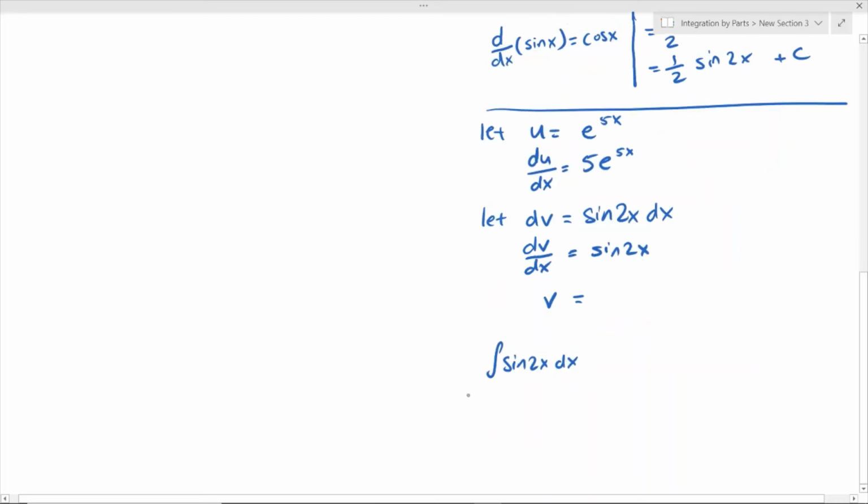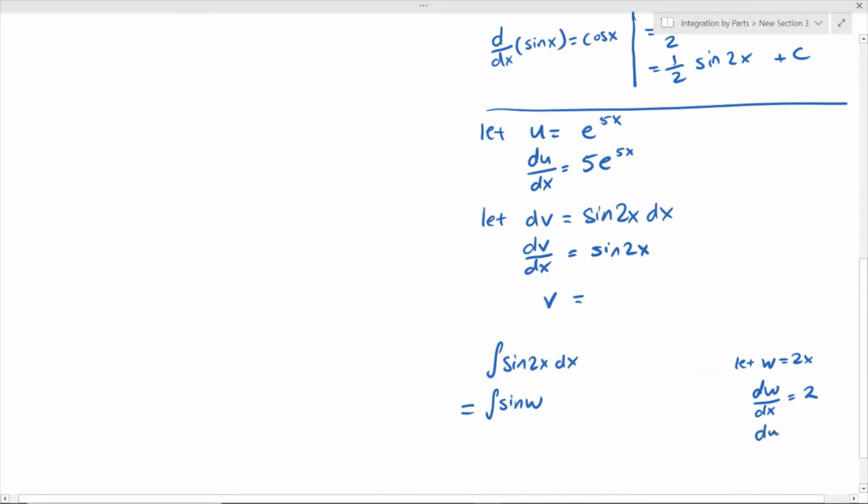We have to use a substitution, so let's let w be equal to 2x, okay? So it's going to be the integral of sine w, and now that's dx. Well, let's look at dx. We have to find a derivative of this, so dw over dx is equal to 2, and then we have to substitute something in for dx.